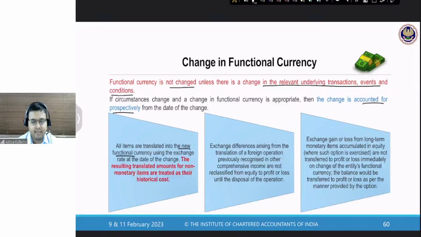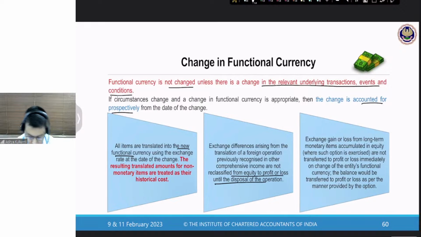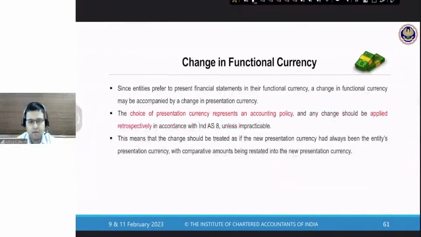The resulting translated amounts for non-monetary items are treated as their historical cost. Exchange differences from the translation of a foreign operation previously recognized in other comprehensive income will not be reclassified to profit or loss until the disposal of the operation. Exchange gains or losses accumulated in equity in FCTR are not transferred to P&L immediately. So that's about it.